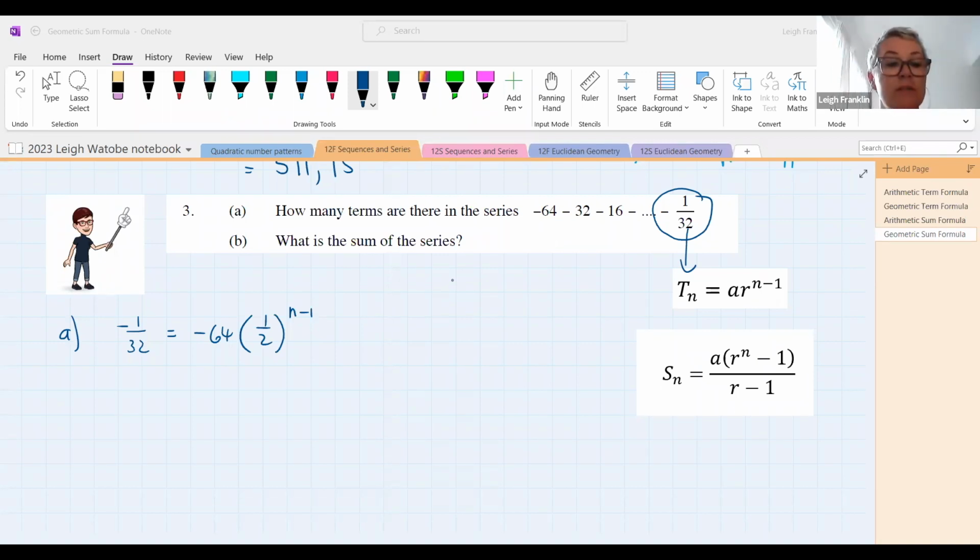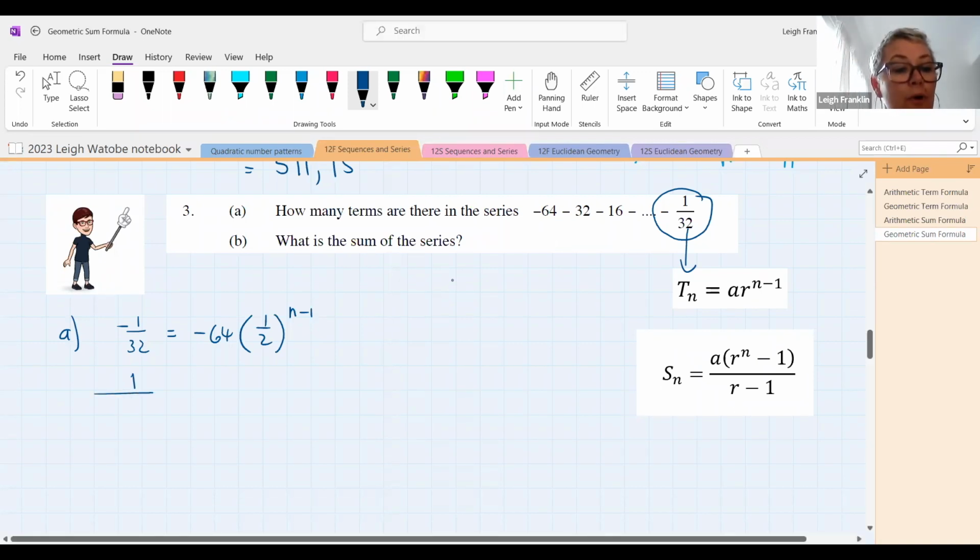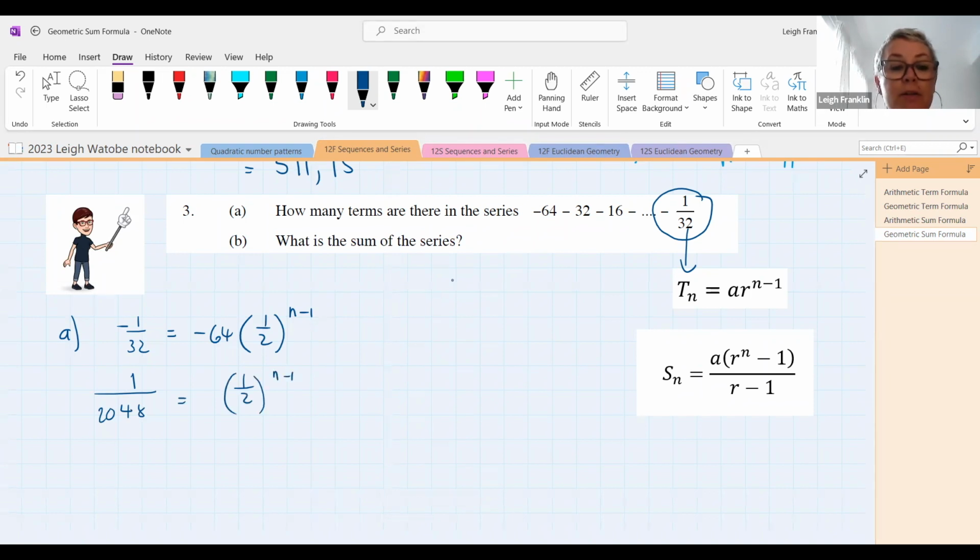And that gives us 1 over 2048 is equal to 1 over 2 to the n minus 1. So you can write 1 over 2048 as a half to the power of 11, which is equal to a half to the power of n minus 1.